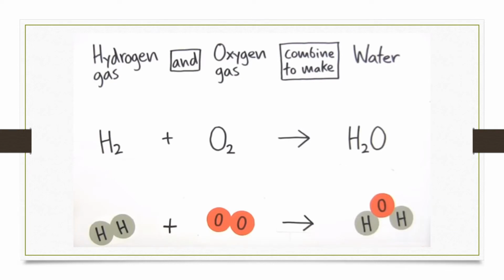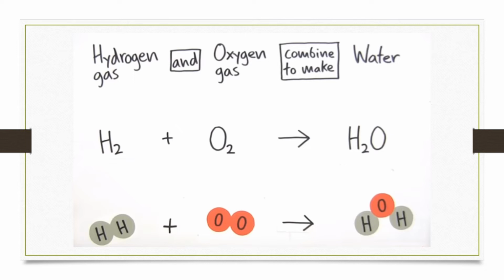Now, let's check whether the equation is balanced. As you can see, there are 2 atoms of hydrogen on the reactant side and 2 atoms of hydrogen on the product side. Therefore, the number of hydrogen atoms is balanced. However, there are 2 oxygen atoms on the reactant side and only 1 oxygen atom on the product side.